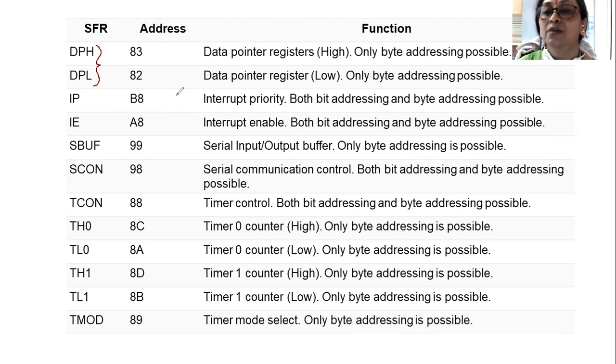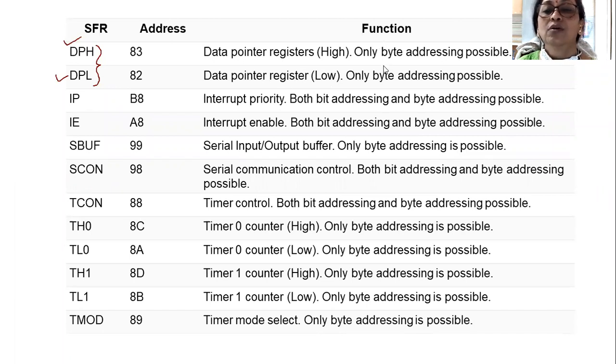It is divided into two portions, or 2 bytes. One byte is called the higher order byte and the other is called the lower order byte. The upper 8 bits are the higher order byte and the lower 8 bits are the lower order byte.